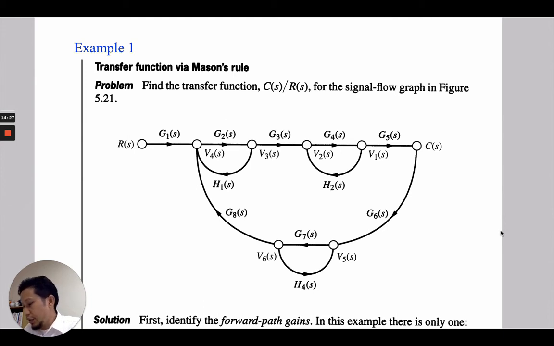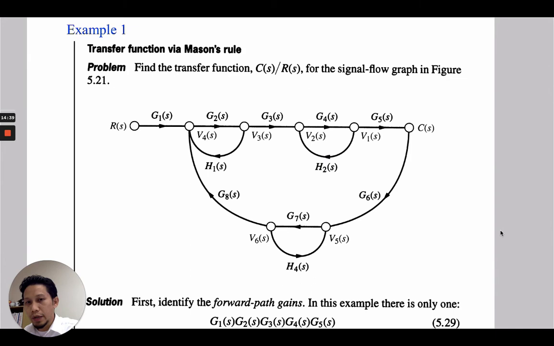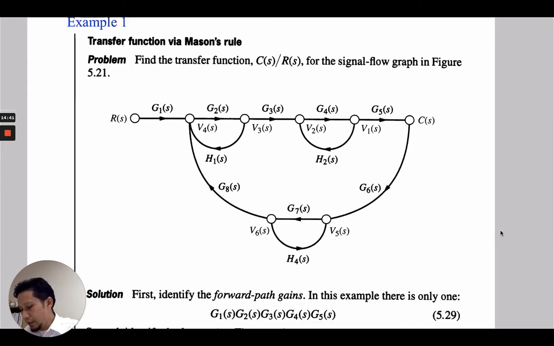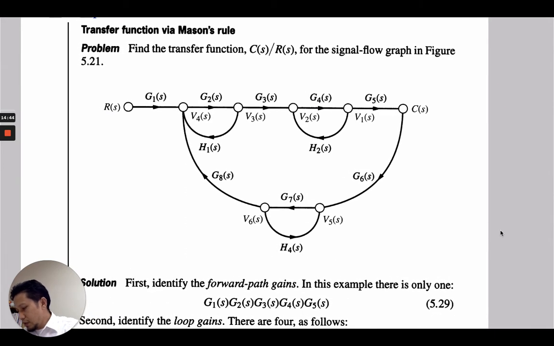Okay, so this is example 1 here. Find the transfer function C(s) over R(s) for the signal flow graph shown in the lecture notes. First, we identify the forward path gain. So what is the forward path gain?